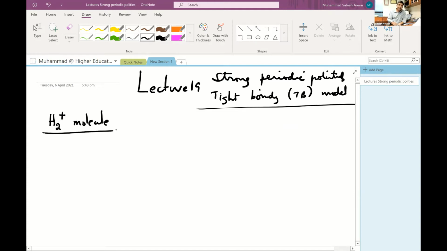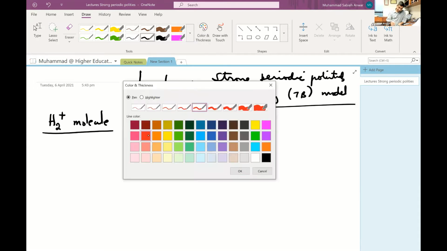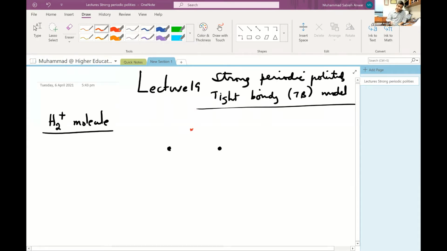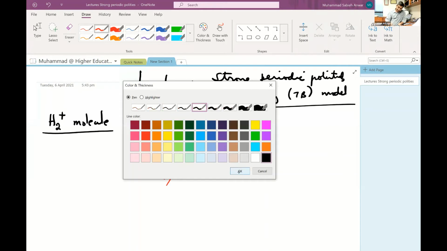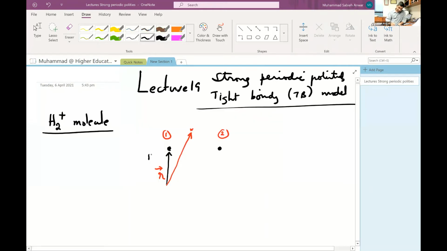positively charged dihydride molecule, which comprises 2 protons, which are the nuclei, and a single electron. So this is just a cartoon picture of the scenario. The electron has a particular position vector small r, and the 2 nuclei, which I can label as 1 and 2, have position vectors capital R1 and capital R2, and I assume that the nuclei are fixed in position.